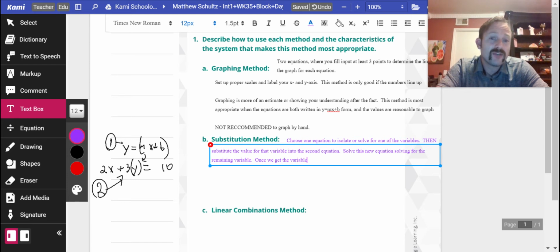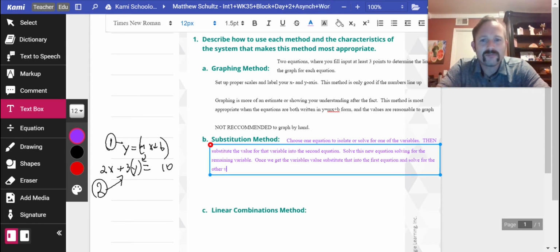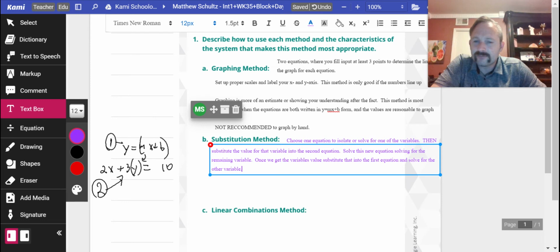Once we get the variable's value, substitute that into the other equation, the first equation, and solve for the other variable. So in this case, we'd solve for x, then take that value for x and plug it into the original equation.